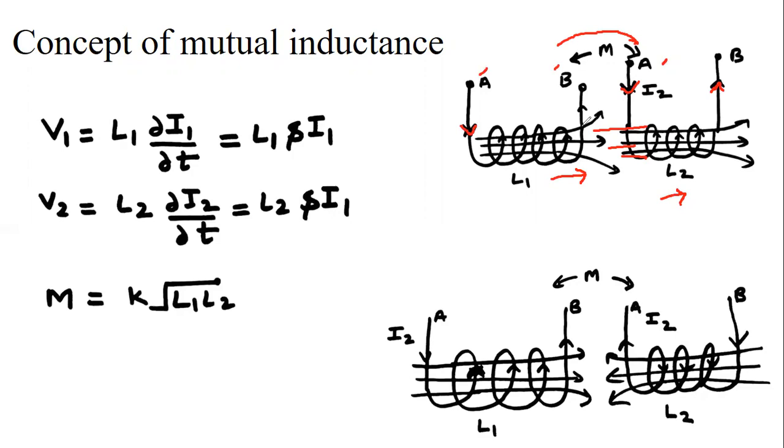If the flux of one coil is linked with the other coil, there is always an induced voltage or EMF in the other coil, and we say that the fluxes are mutually linked with each other. So in the first case, the flux is supporting each other because the direction of the current is the same, and in the second case, the direction of current is reversed.